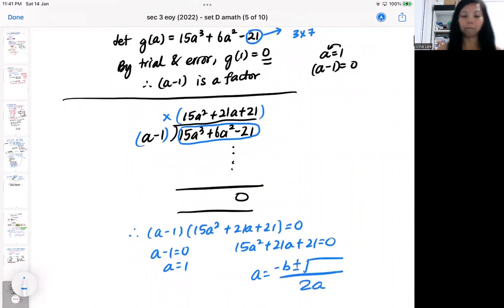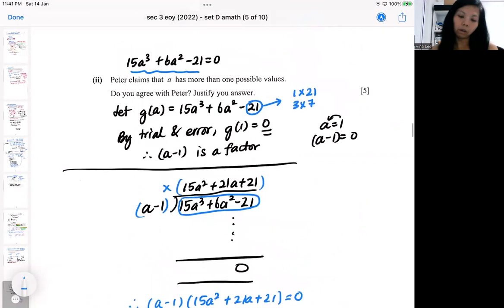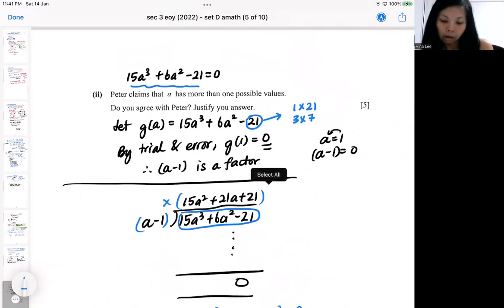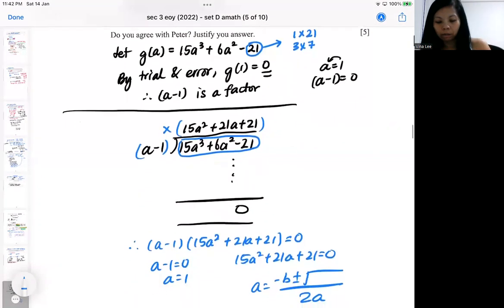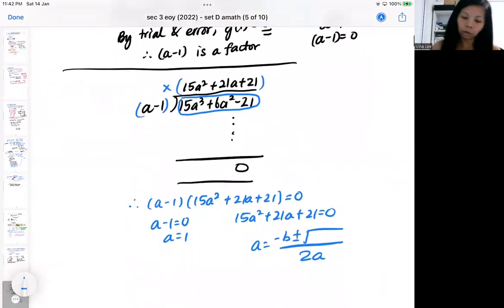You can even use your quadratic formula. In fact, your job is to explain whether you agree with Peter or not. Because Peter claimed that A had more than one possible value. If you want to decide whether you agree or not, you have done the solving and you see, do you get this? And are there more answers here?